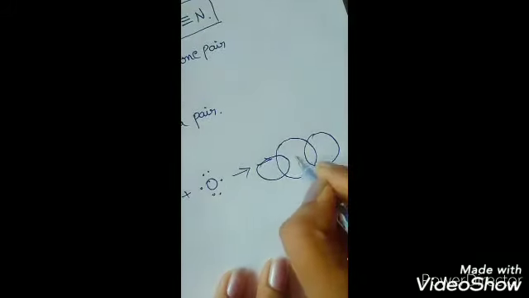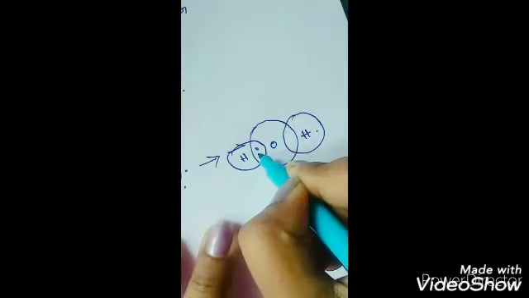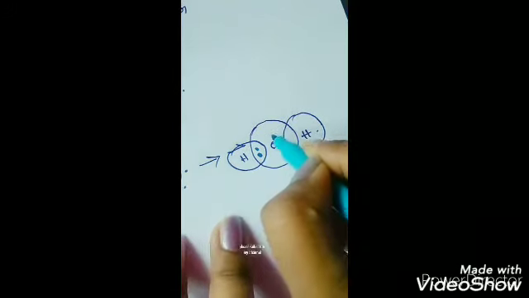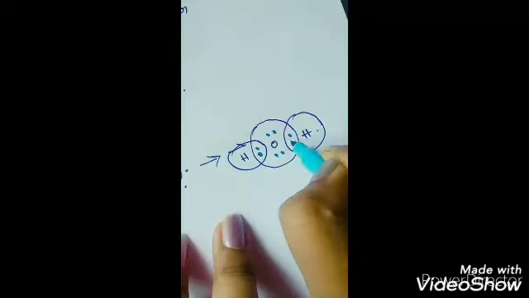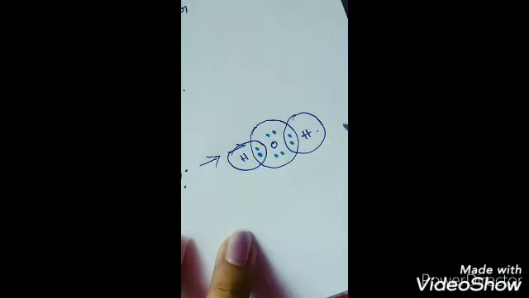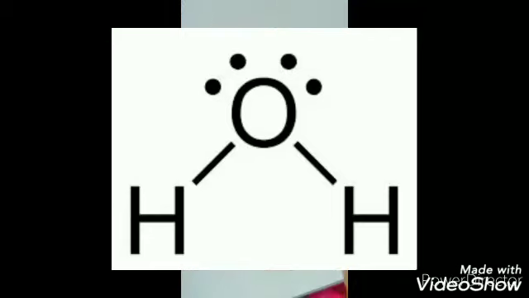So this is the oxygen atom, these two are the hydrogen atoms. Here 2 electrons can get combined. These are the lone pair electrons, and here also 2 electrons can get combined. Here you see 2 hydrogen atoms, that means H2O is the molecular formula, right? So this is the structure for the H2O molecule.